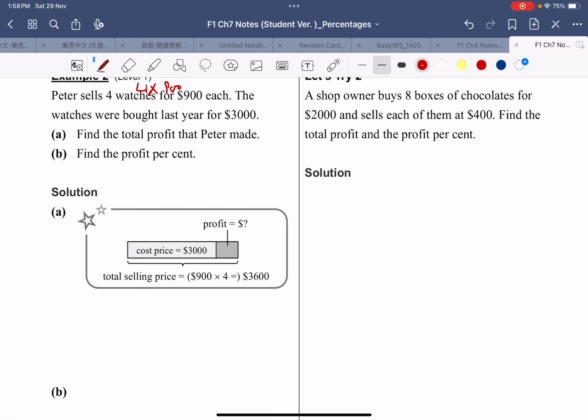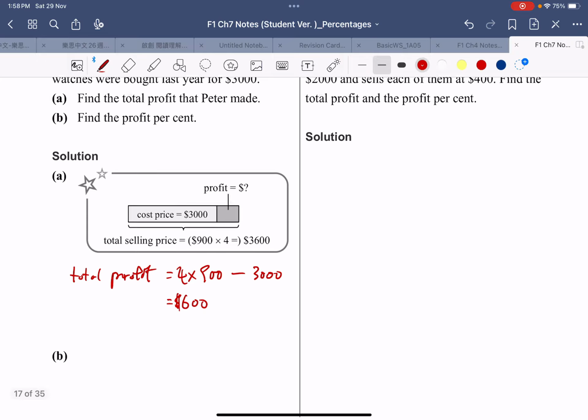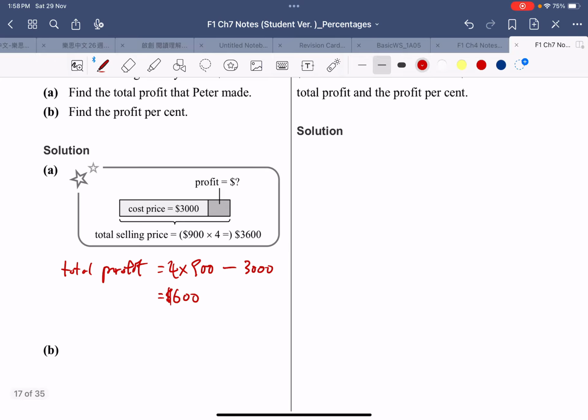So the total profit made, of course, is 4 times 900, this is the selling, minus the cost 3,000, and then that gives you the profit 600. And then of course you can find percentage profit by the amount you have earned, the profit, divided by the cost times 100%, and then it would be 20%.